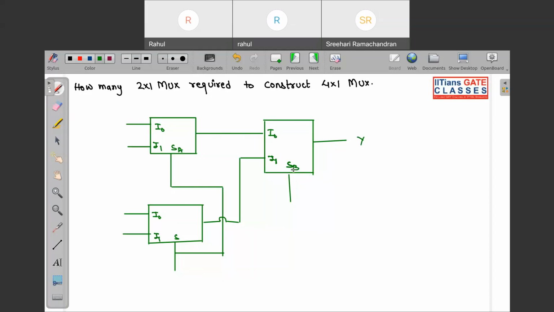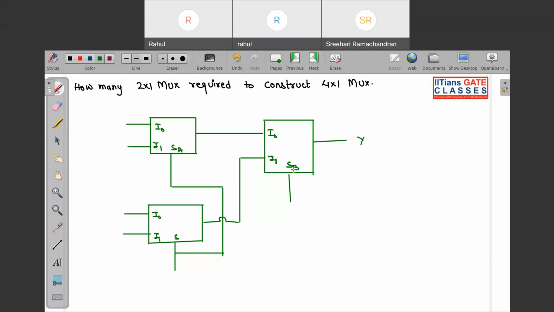Out of SA and SB, which is MSB and which will be LSB? Can you tell, Shriyari? SB is LSB, you are telling. No, SB will not be LSB.